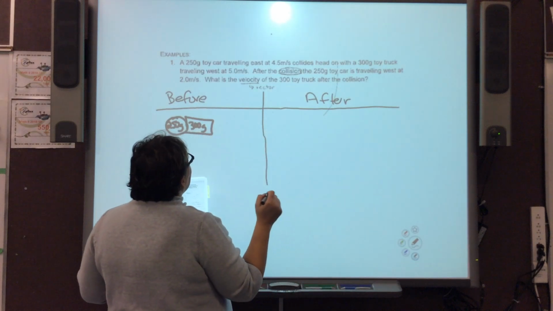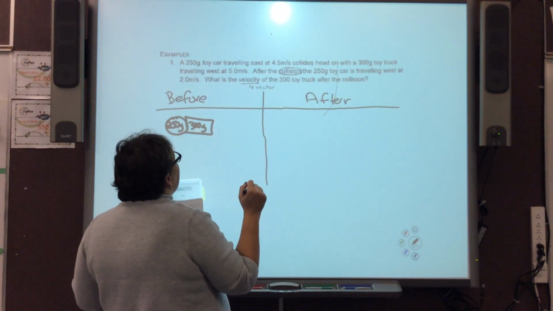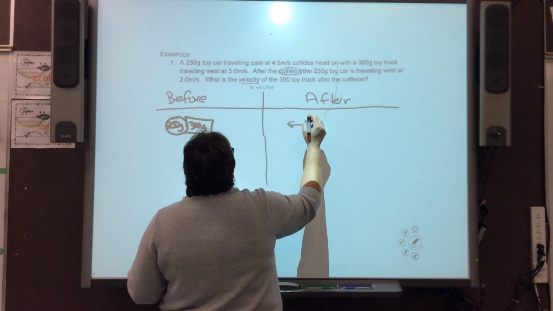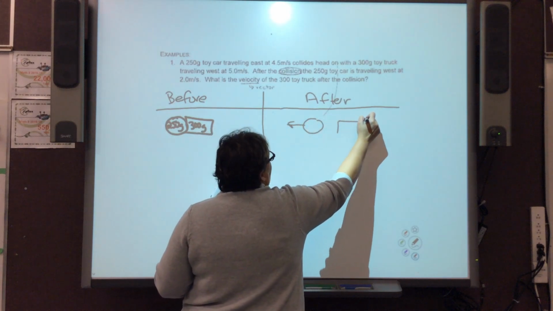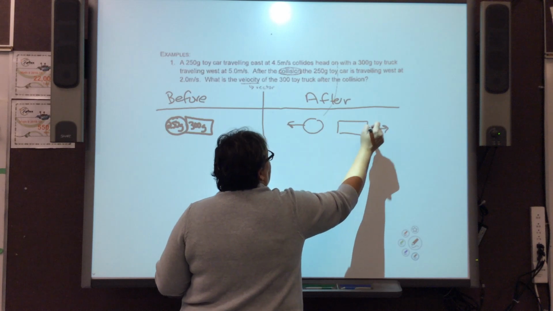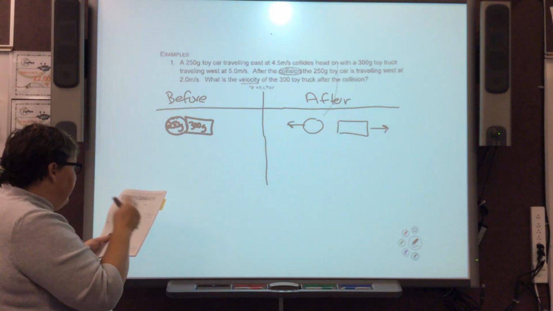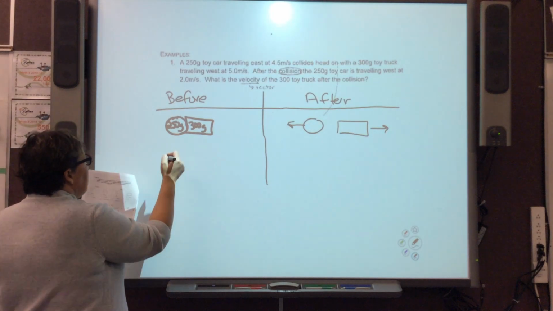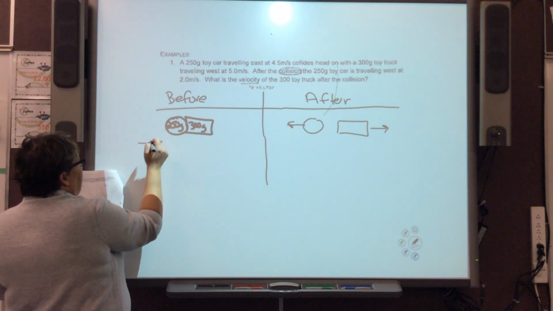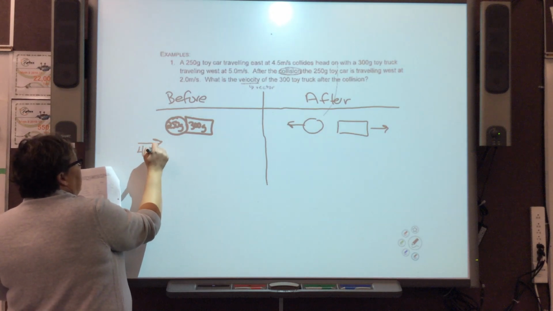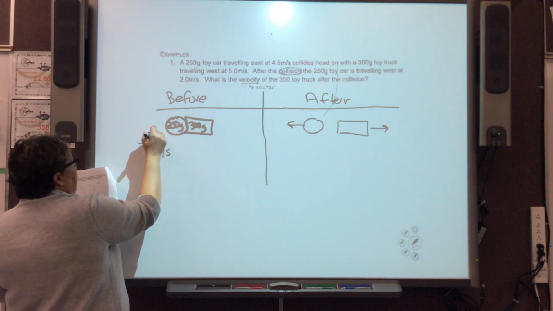And then afterwards, the car is traveling west, and the truck is traveling east. So here we see this one here. The car's velocity is 4.5 meters per second.